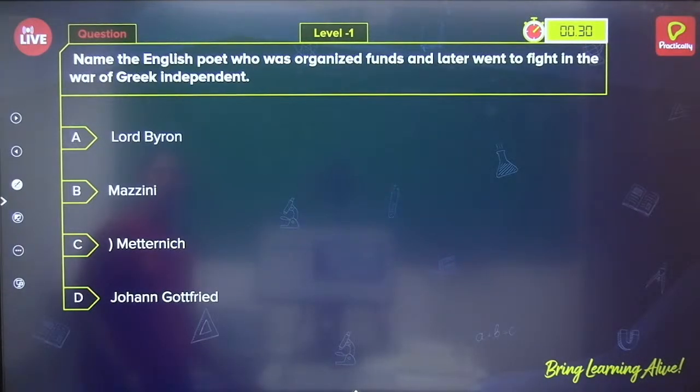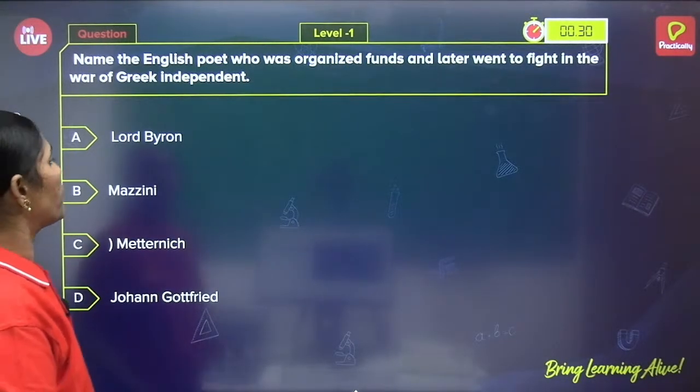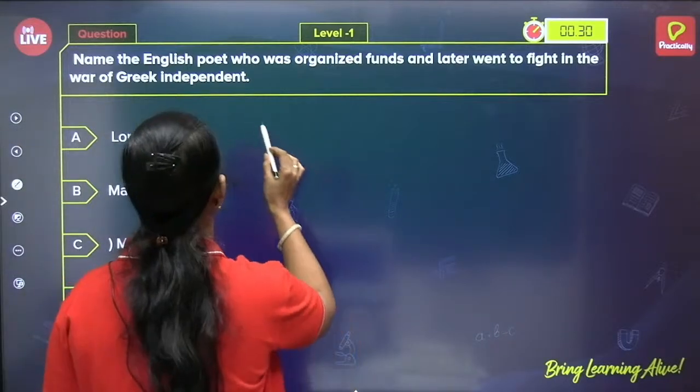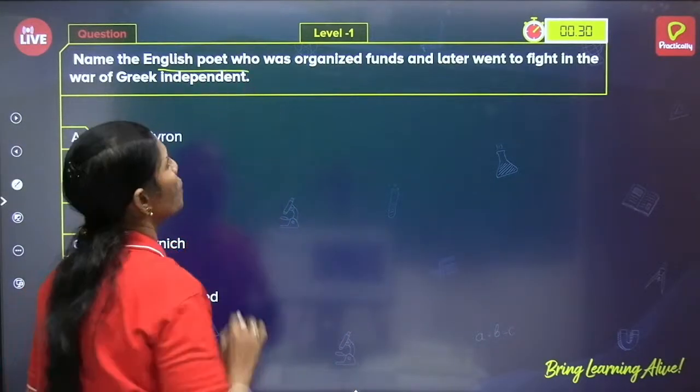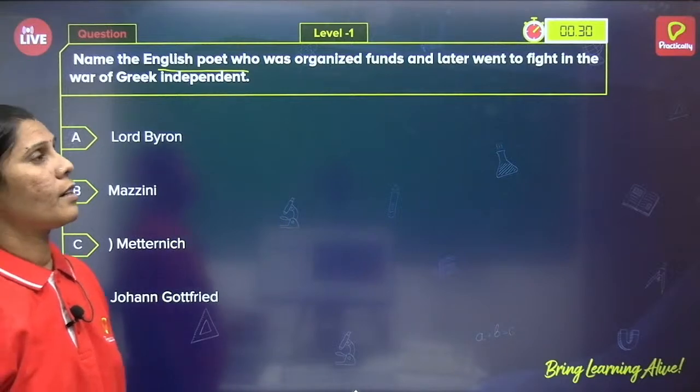Here was a question here. During the Greek independence, an English poet organized funds.